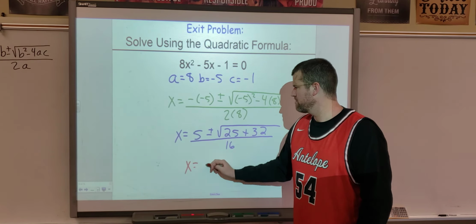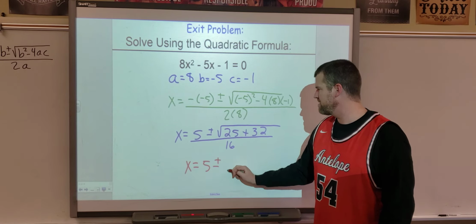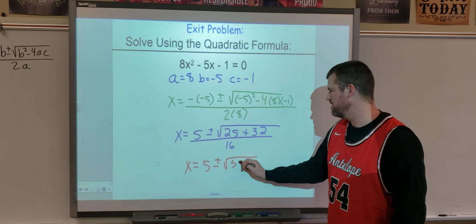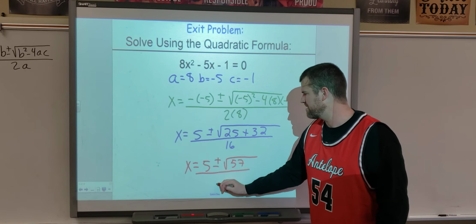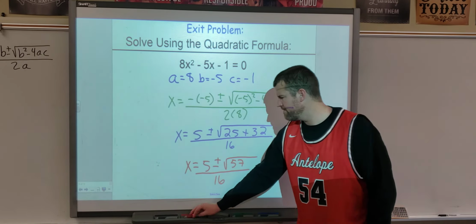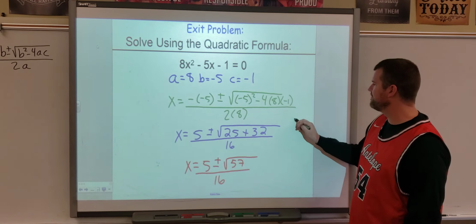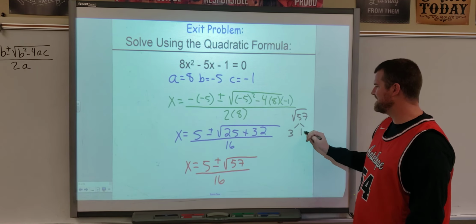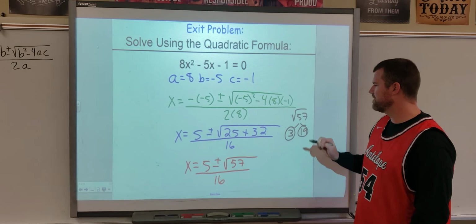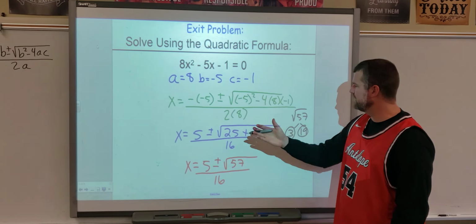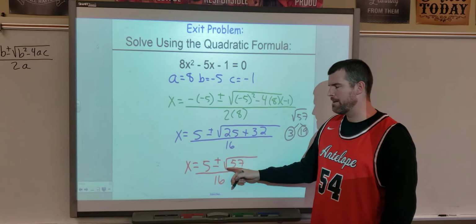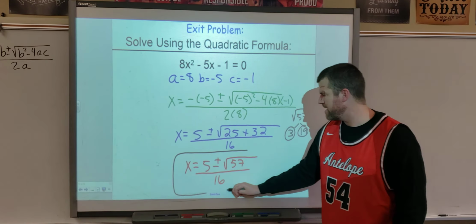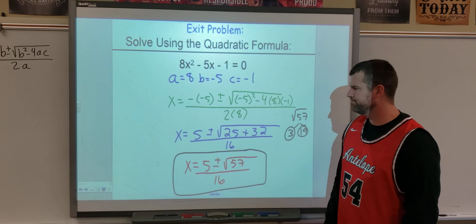X equals 5 plus or minus the square root of 57 over 16. And then if I try to simplify the square root of 57, the only factors of 57 are 3 and 19, which have no partner to leave the square root, so this will stay plus or minus square root 57, which means we have solved it.